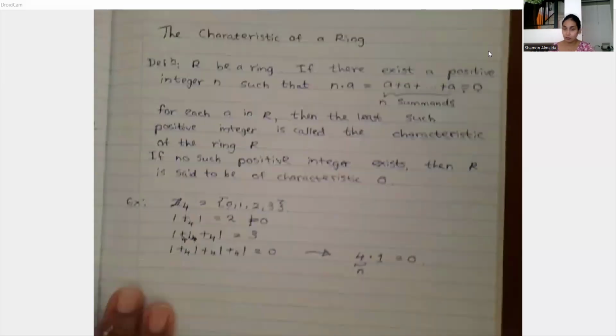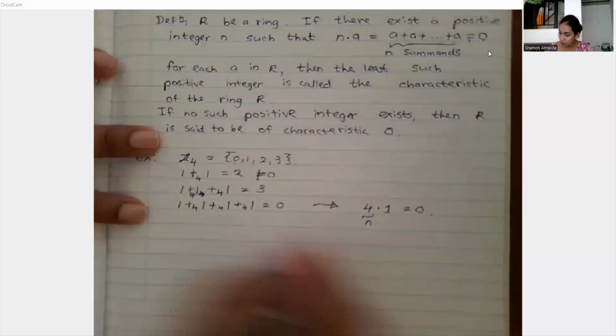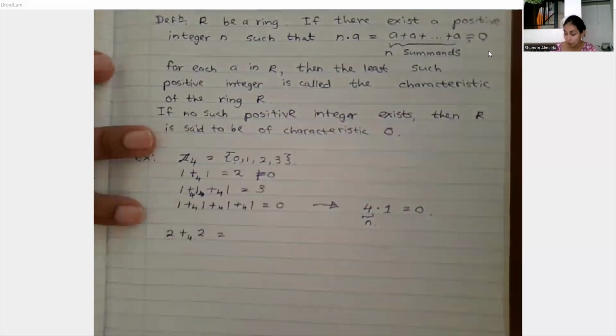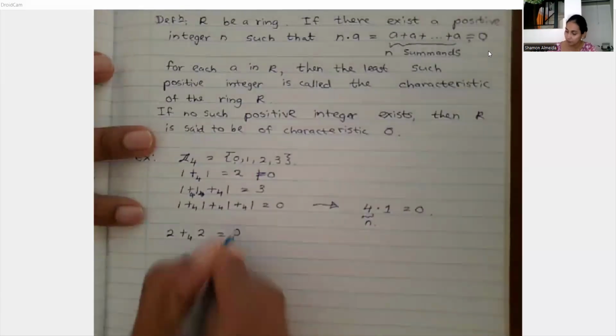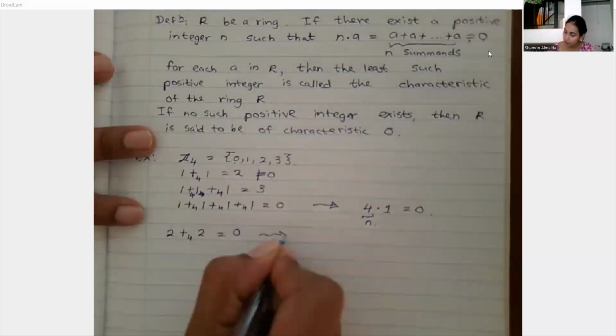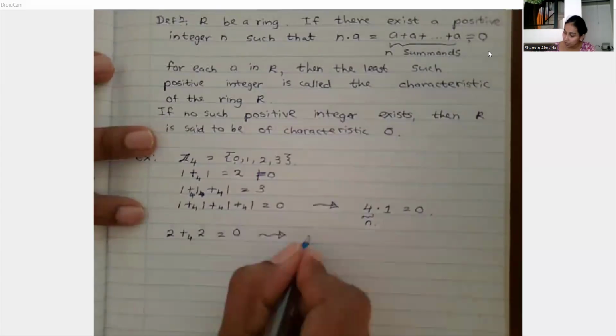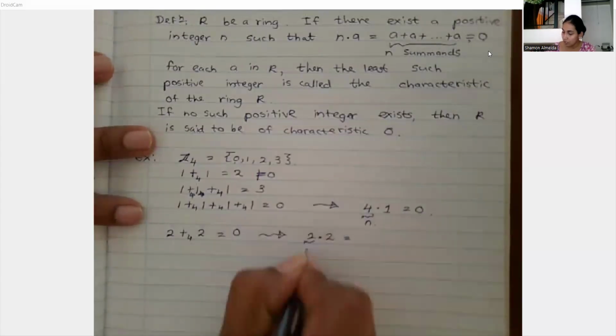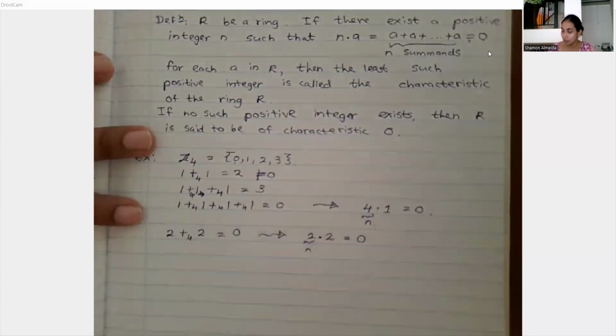Right. Now let's go to the other element, 2. We have 2 addition modulo 4, 2. 2 plus 2 is 4, divisible by 4. Therefore, this is 0. This tells you 2 times 2, this is our n now, is equal to 0.